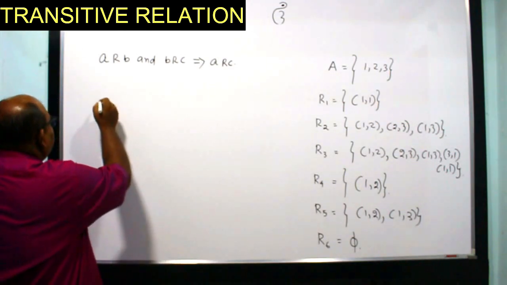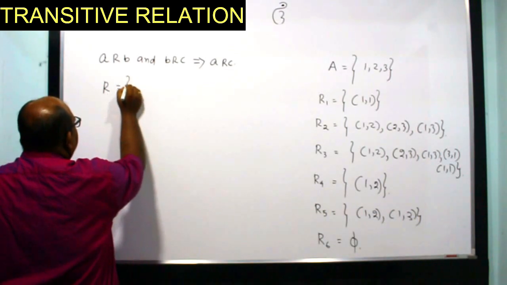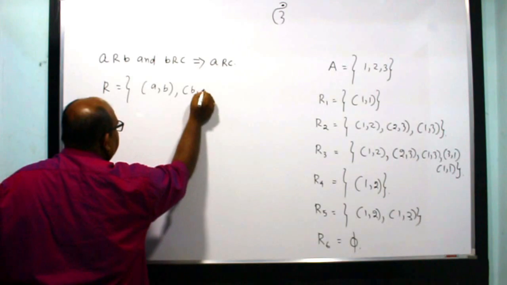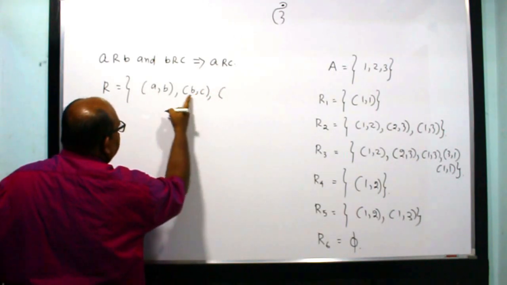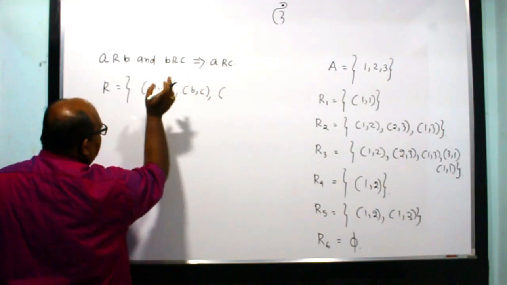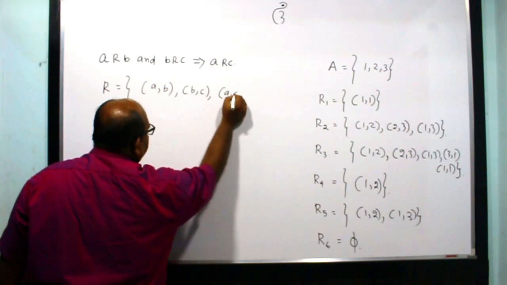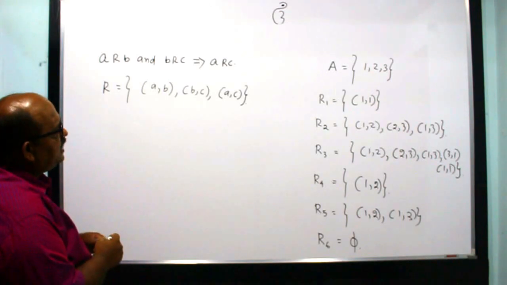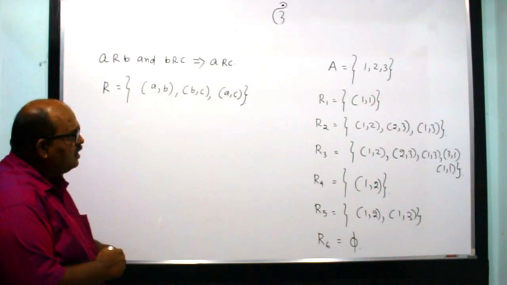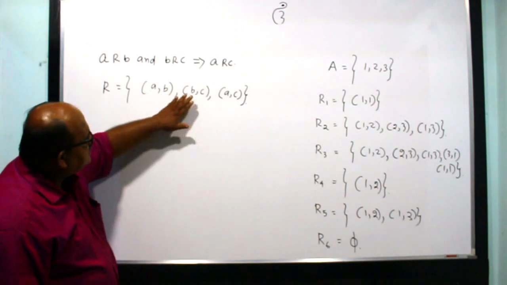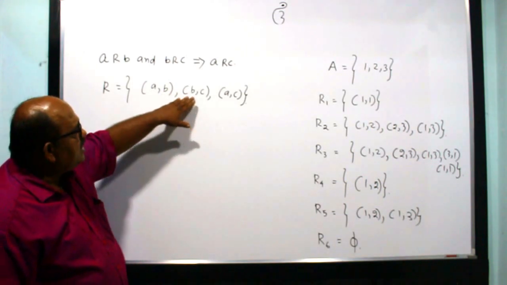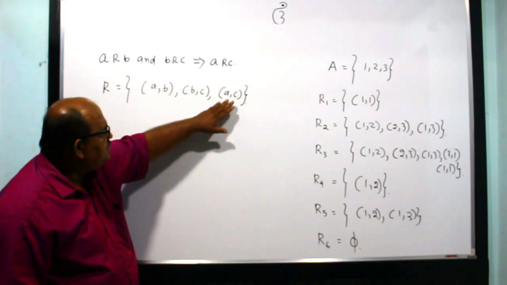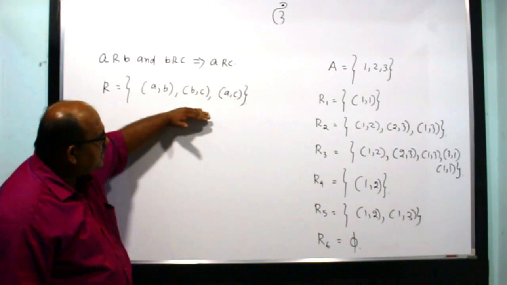Means if in the relation set, A, B and B, C are present, then we will search for AC. B is common here. If AC is also present, then we say it is a transitive relation.